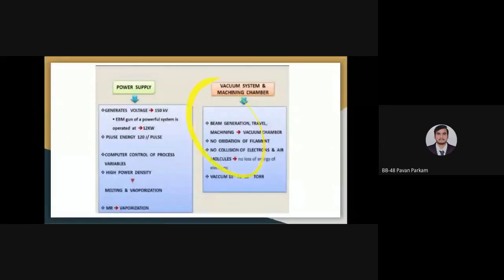Now the third one is the vacuum system and the machine chamber. As the beam travels through the machining chamber, it may collide with air molecules.